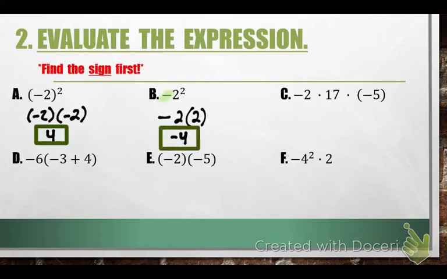Kendall, let's look at the next one. I want us to do some mental math here, okay? Kendall, looking at this problem right here, how many negative signs do you see? So is the answer going to be positive or negative? It will be positive. I want us to go out of order. That commutative property we talked about in day 3, -2 times -5. What would that be? 10.